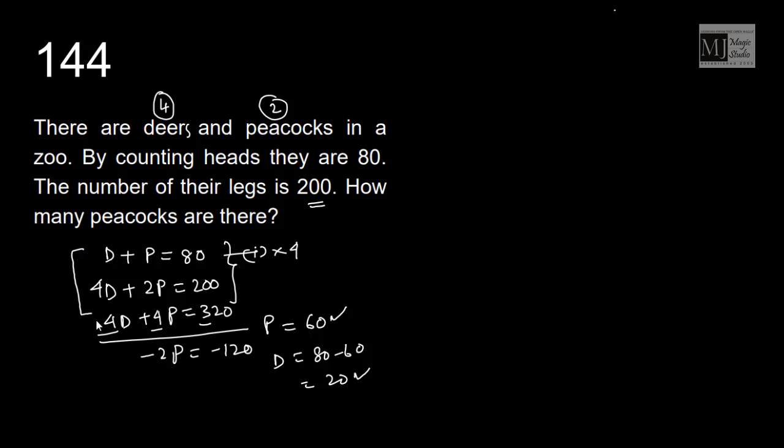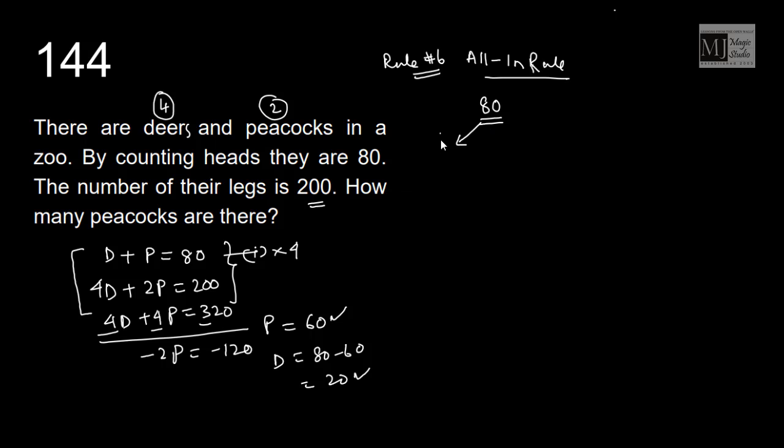Now linear equations set can also be solved with help of rule 6, butterfly diagrams. Now let's see how we can use butterfly diagram rule 6 in solving linear equations. This rule is known as all-in rule. There are 80 heads.